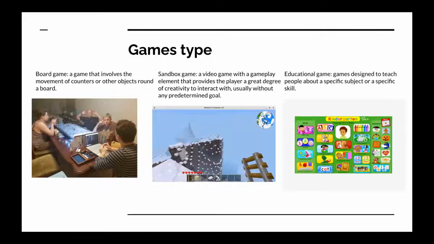Tabletop games is another word for it. Here you have Dungeons and Dragons, etc. On the far right, we have educational games, which are games designed to teach people about a specific subject or skill. Usually they're for kids, and usually it's very boring, in my opinion.